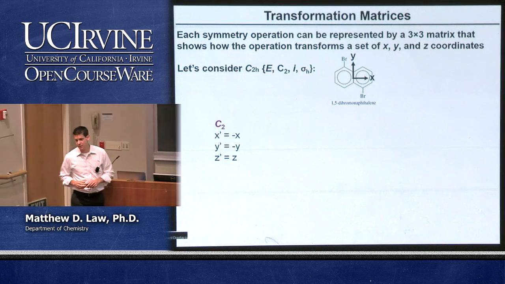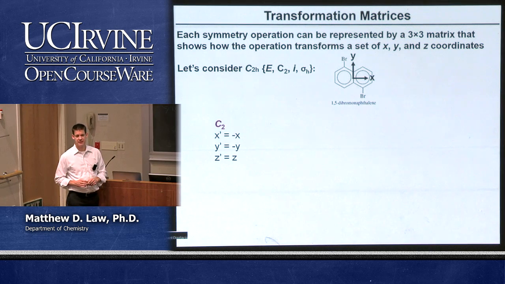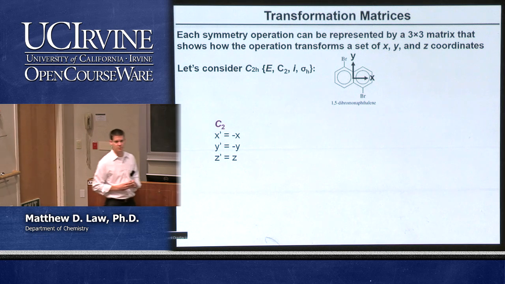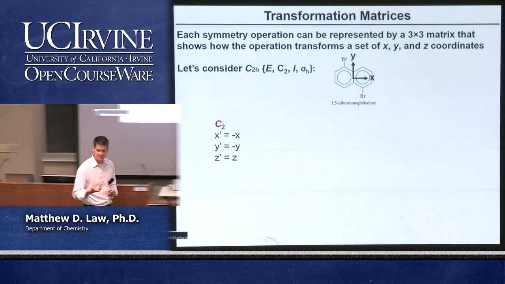What does the C2 operation do to the x, y, and z axes? If we do a C2 operation, the x rotates 180 degrees around and it becomes negative x. The y, the new coordinates for y rotates 180 degrees around and becomes negative y. And z is unaffected by a C2 operation because it's happening along the z-axis. Right?